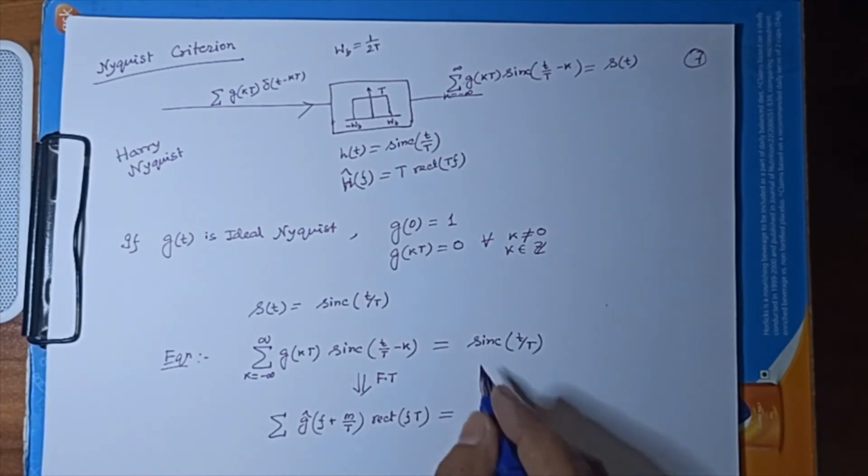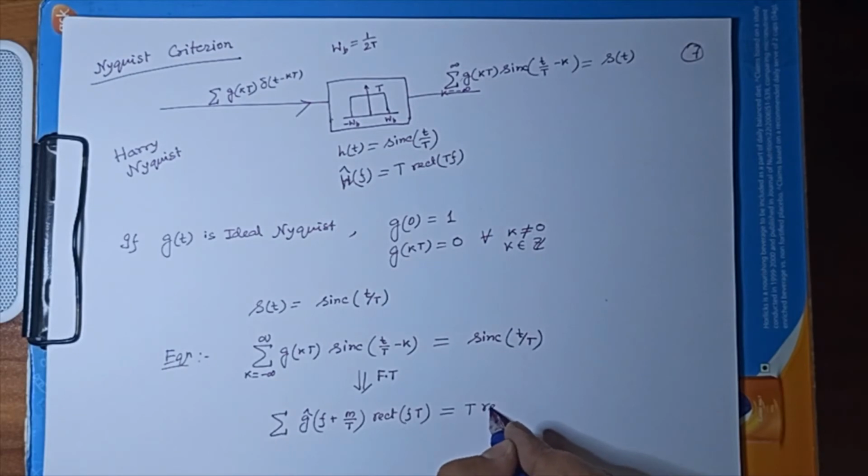So that will be equal to T rect(fT), for all m from minus infinity to infinity.